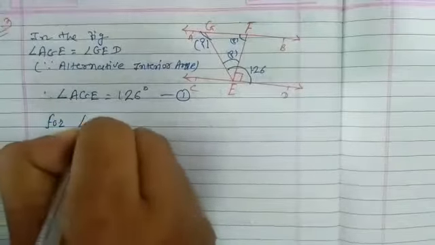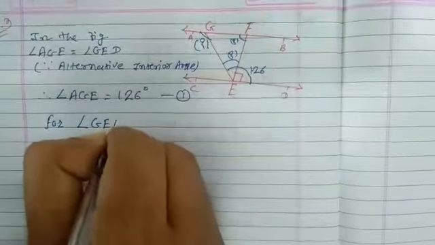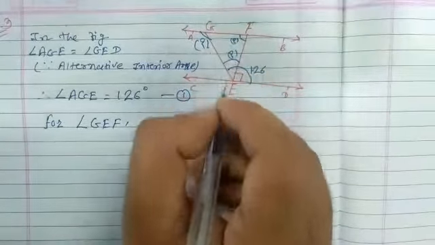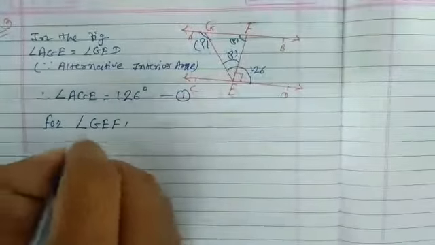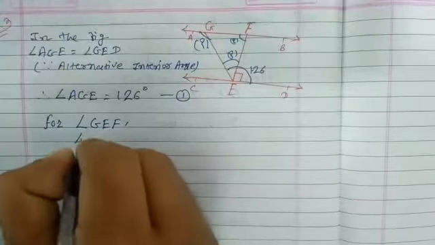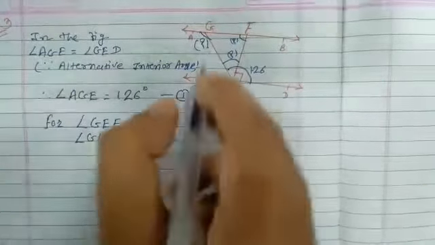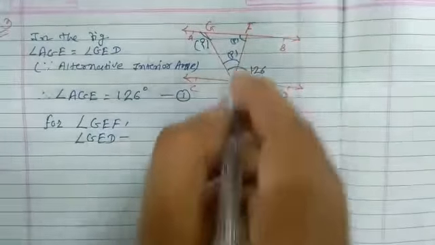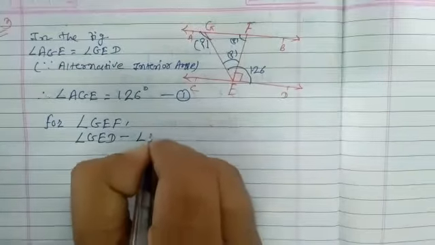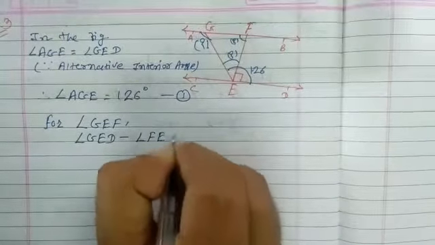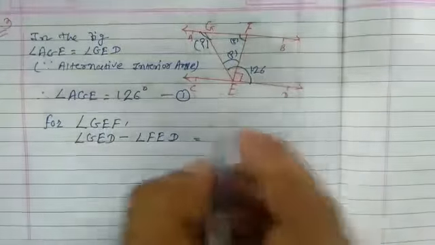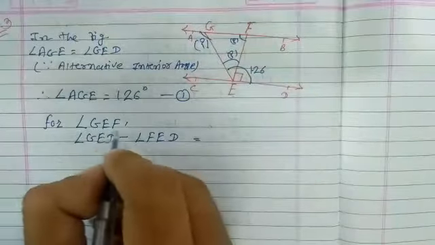For angle GEF, we can write GEF means GED, angle GED minus angle FED is equal to angle GEF.